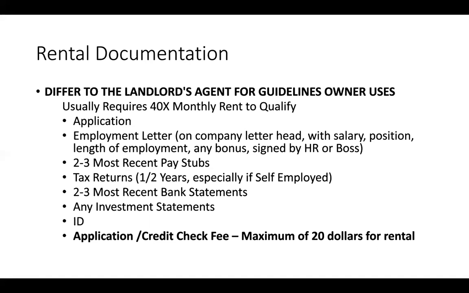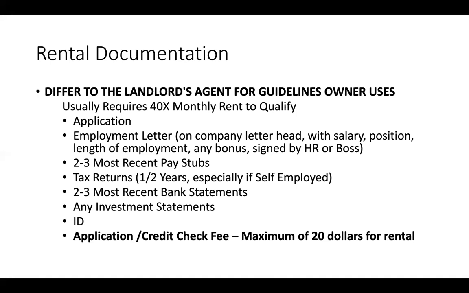Again, in Manhattan, we have something that is called the 40 times monthly qualification guideline. What that means is that for someone to qualify for an apartment, right? For someone to be quote unquote financially qualified for an apartment, they need to make 40 times the monthly rent in their yearly income, right? And we usually look at their offer letter or their employment letter to see this, right?